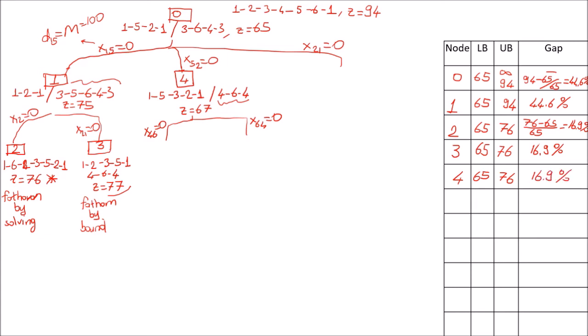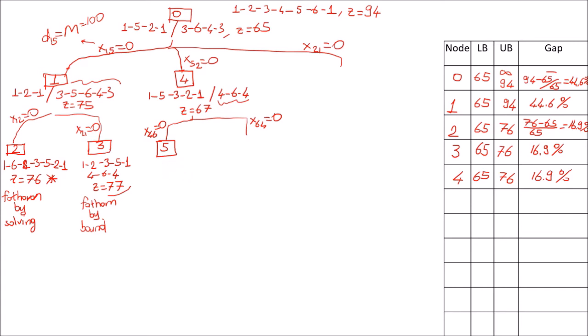Now, according to depth first search, I need to select one of these two new nodes, and arbitrarily I'm selecting this one. And when we solve this problem using the Hungarian algorithm, sorry, I made a mistake here.